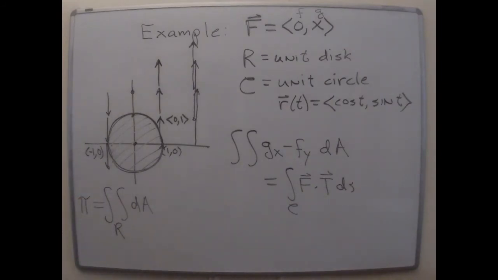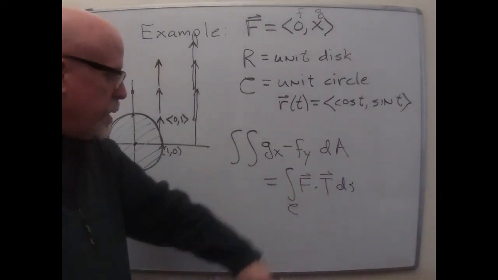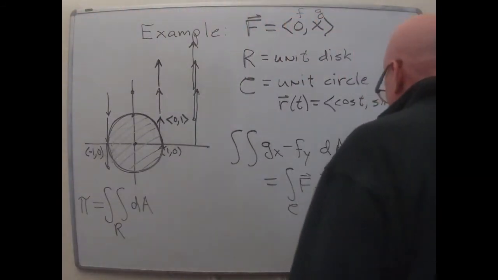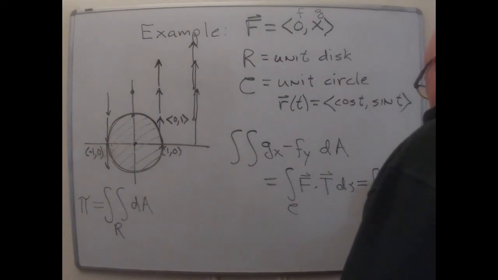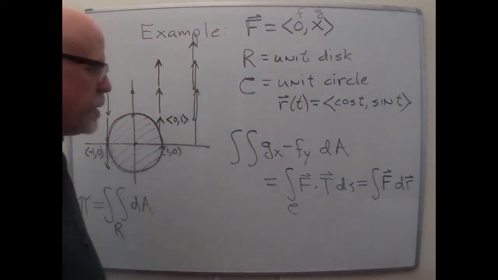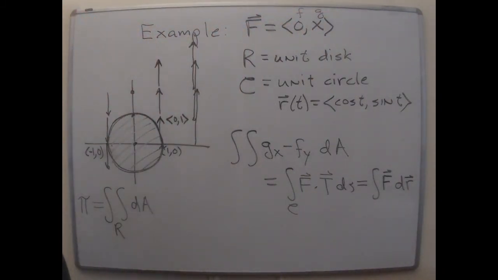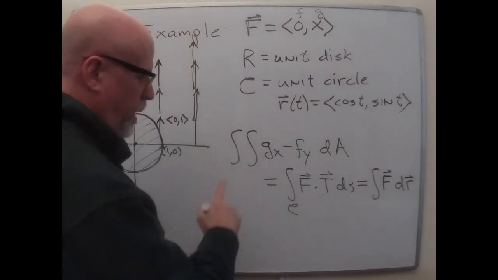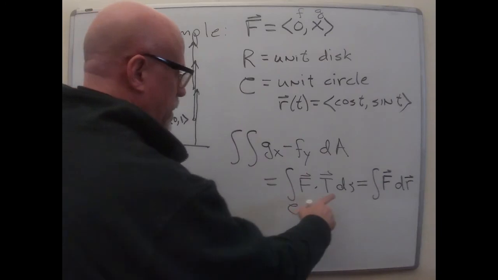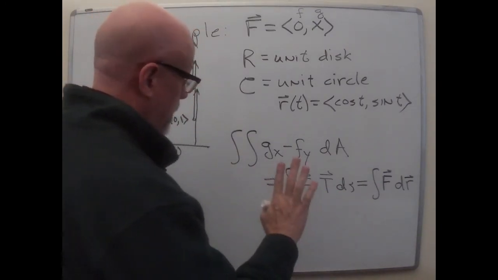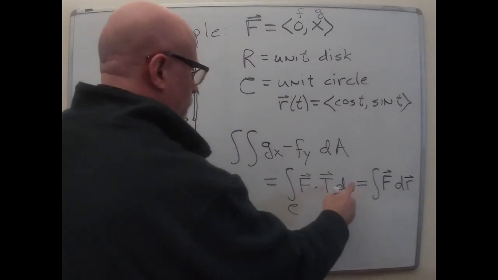Just as a check, let's see what f dot t ds looks like. Remember that you can re-express that as the integral of f dr. This is the thing where the tangent vector ends up being r prime divided by the speed, and ds is related to dt by the same factor.